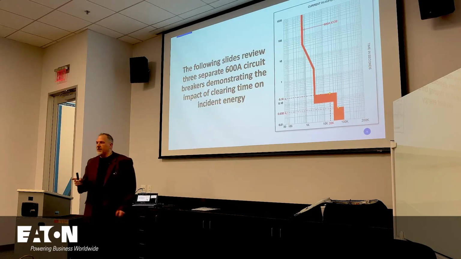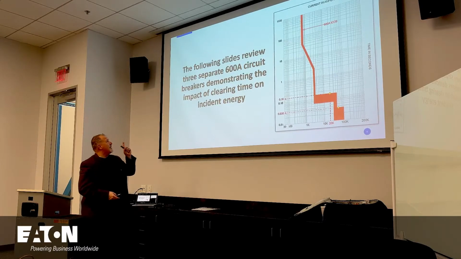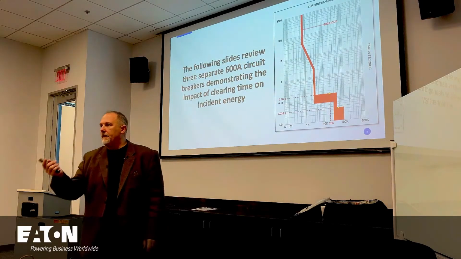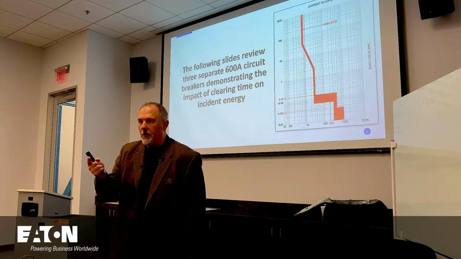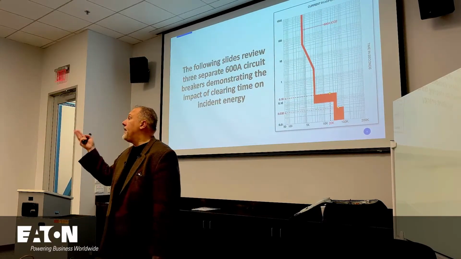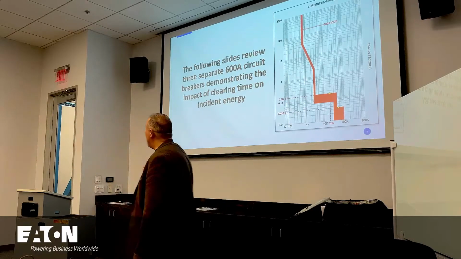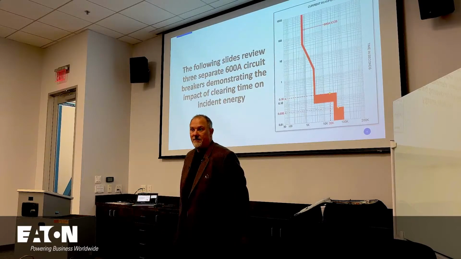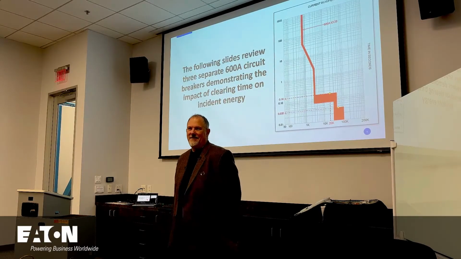So now what I did was, I took a 600 amp circuit breaker. There are three types of circuit breakers: molded case circuit breaker, insulated case circuit breaker, and a power circuit breaker. I can buy a 600 amp circuit breaker in all three of those. Why?